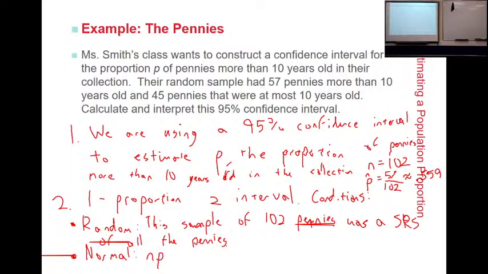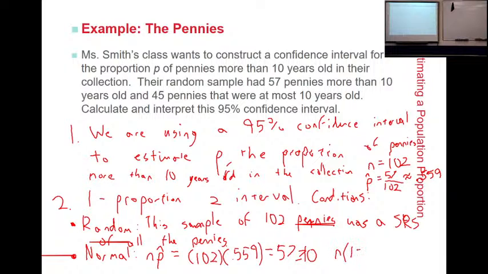N times p hat equals 102 times the 0.559. Well, we have how many successes and failures there are. We know this is 57. That's at least 10.